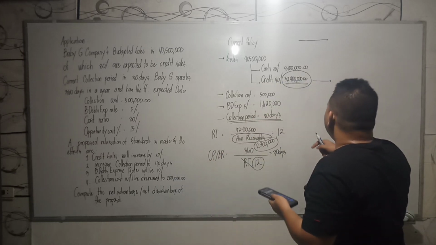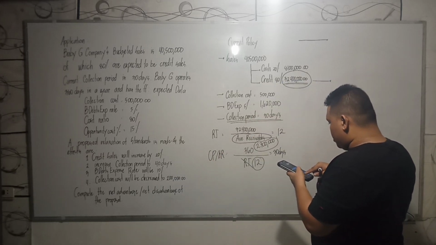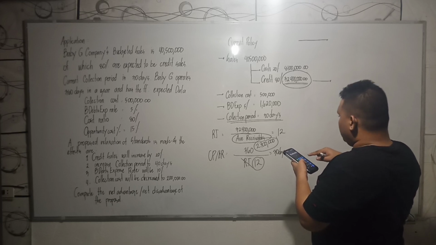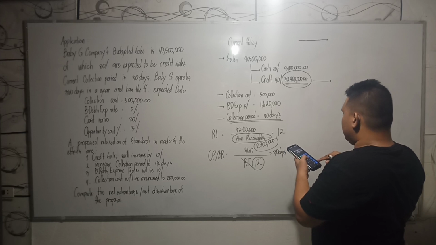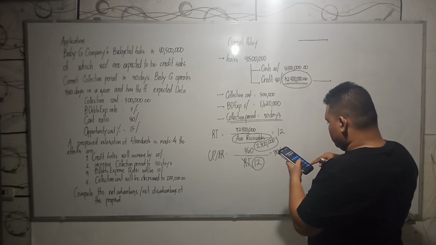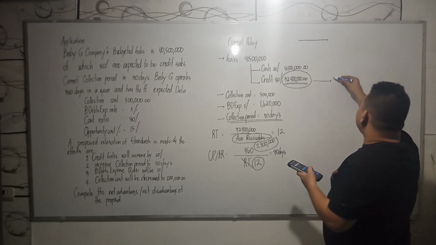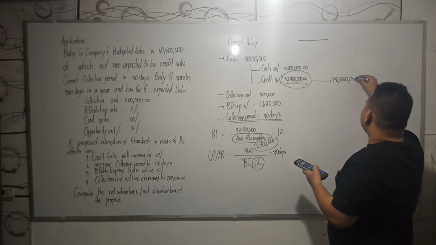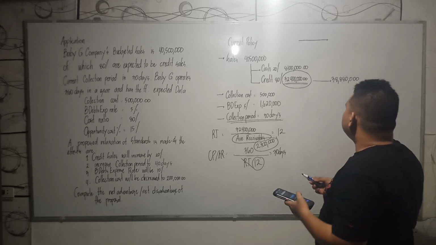So meaning, 32,400,000 will increase by 20%, so that will be multiplied by 1.20. Again, 32,400,000 times 1.20, and you will have 38,880,000. So that's the first one.